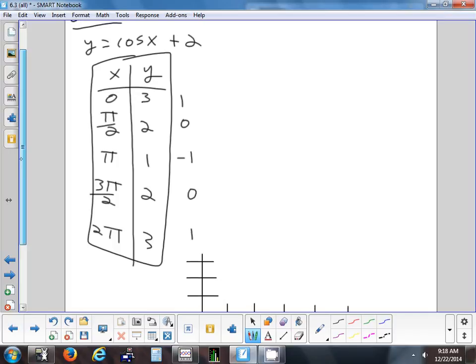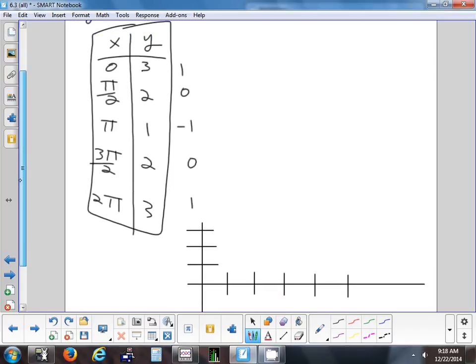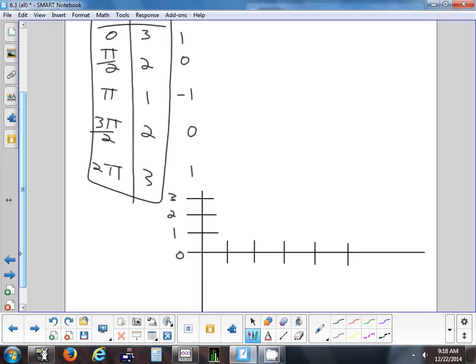Okay, when you do an amplitude change, what that's going to look like is when you put a number in front. Okay, that number in front, I called it C. And I'll show you an example.